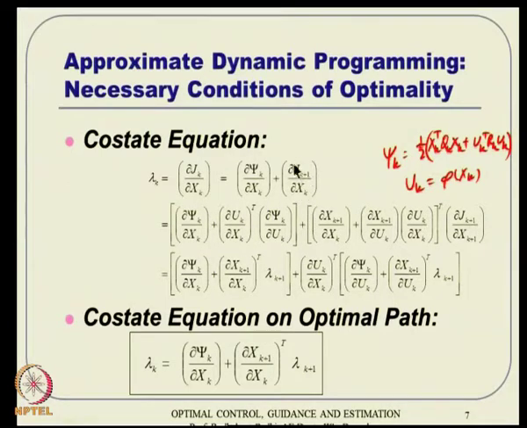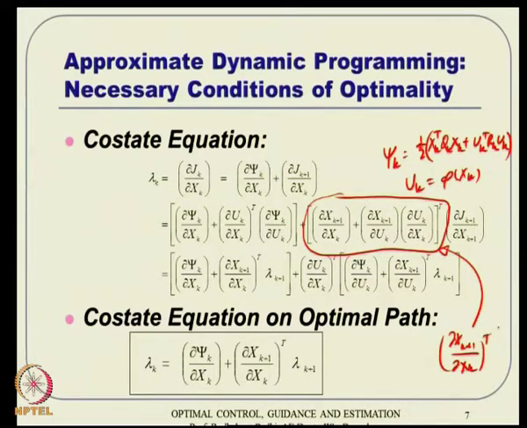Similarly, this term, J_{k+1} is a function of x_{k+1}. So, this entire thing, whatever you see here, is nothing but ∂x_{k+1}/∂x_k. This particular term, this entire term, is nothing but ∂x_{k+1}/∂x_k transpose.